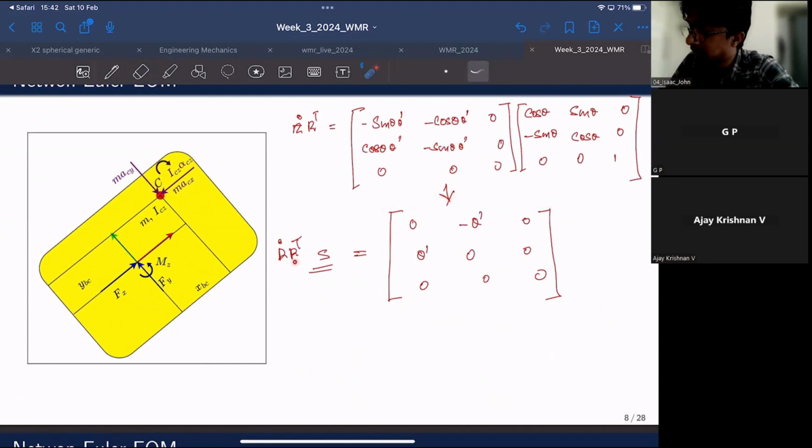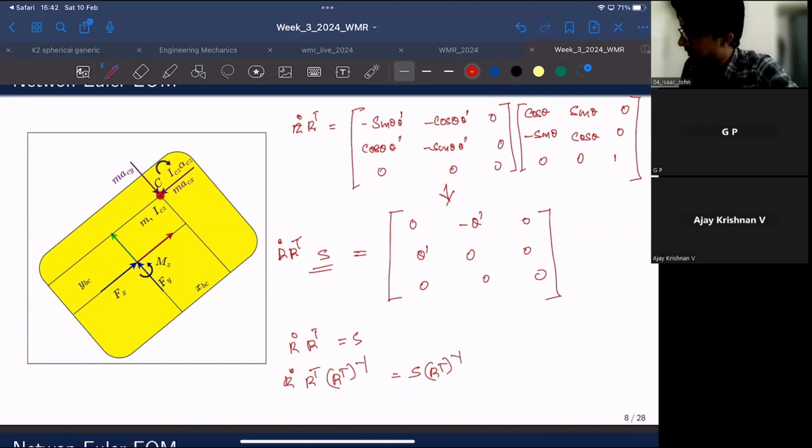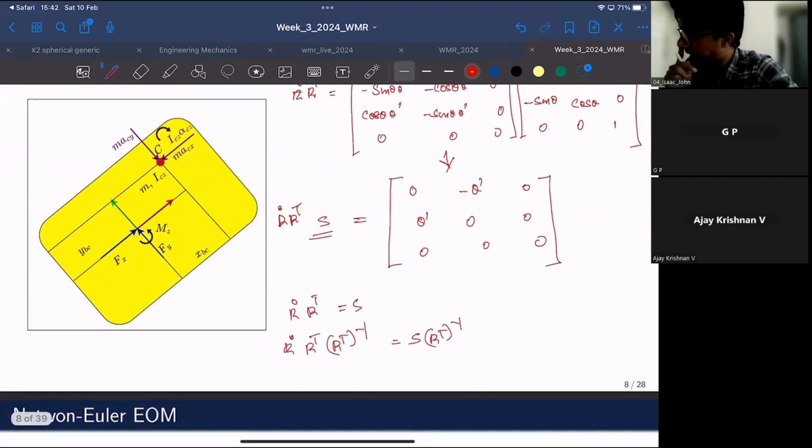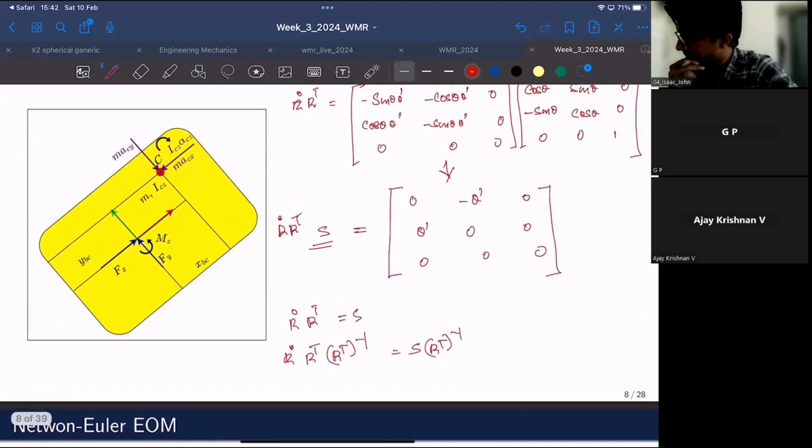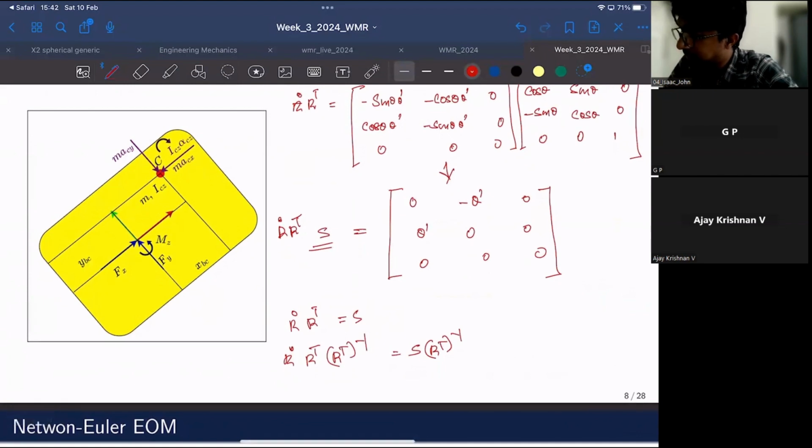If you take this to the other side, you multiply with R. R dot R transpose is S, so R dot R transpose, the whole thing times R, is S times R. R transpose and R inverse are essentially the same because R is an orthonormal matrix.